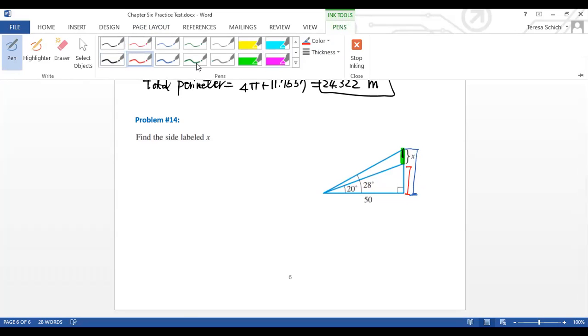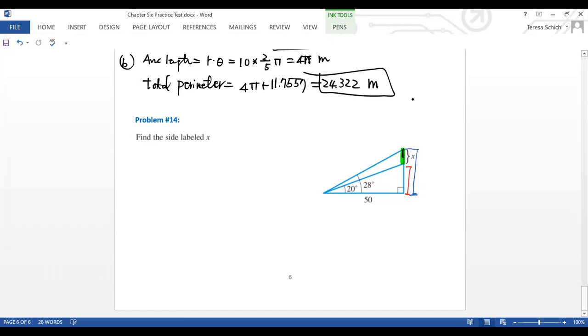Let me give this one as x2, and the small one as x1 here. Okay, so now let's take a look.